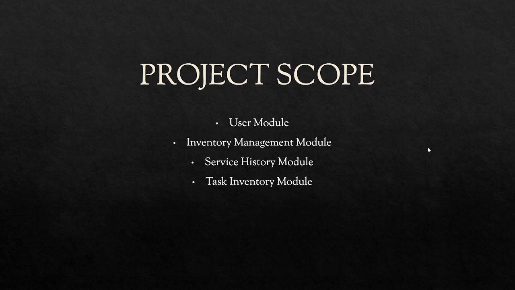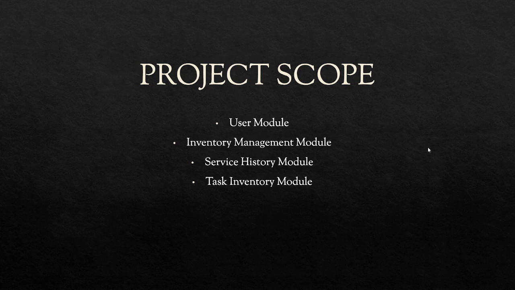So in the project scope, we would be covering four modules, which are the user module, which is in regards to the user itself, such as login and CRUD operations with profile.